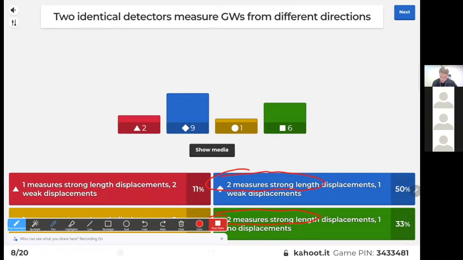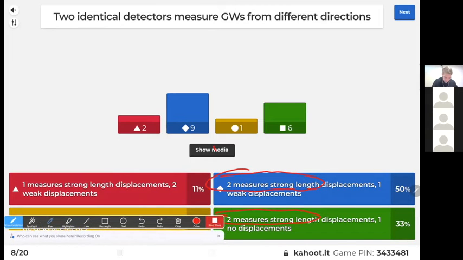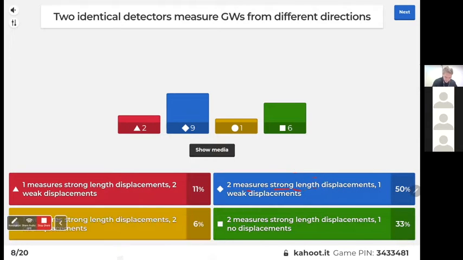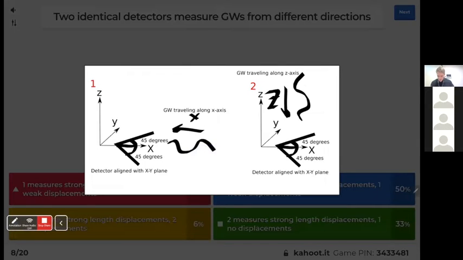But there is disagreement as to whether the first instrument is measuring something, or whether it's measuring absolutely nothing. So firstly, let me ask, why do people think that the second apparatus is measuring larger displacements?